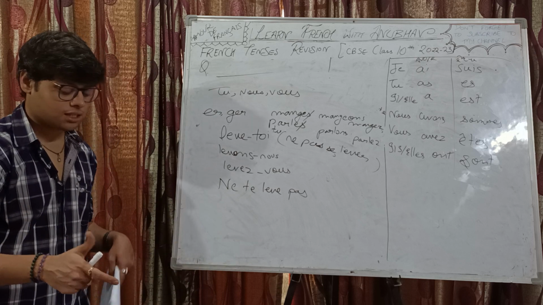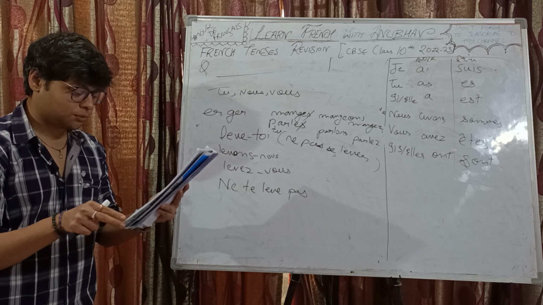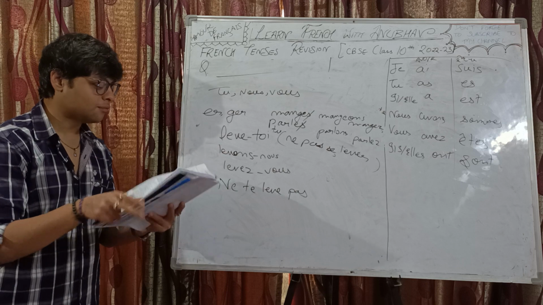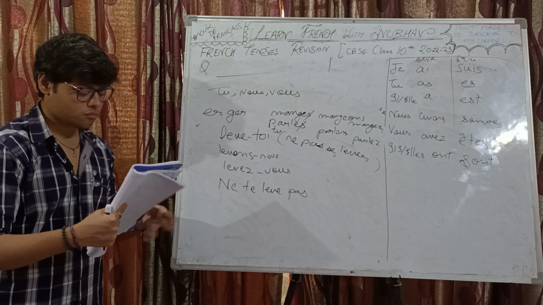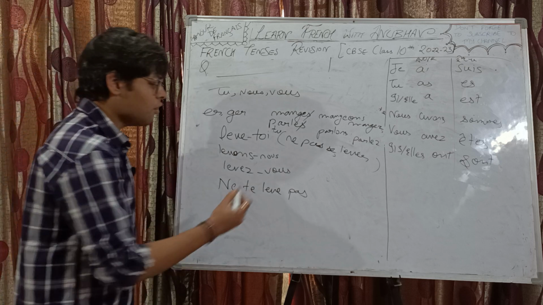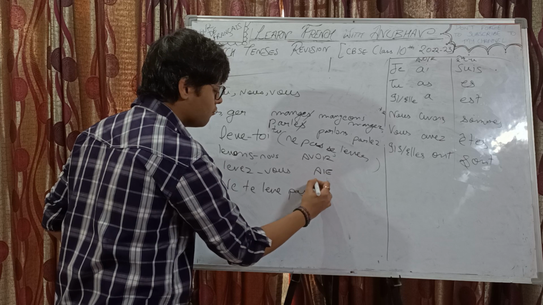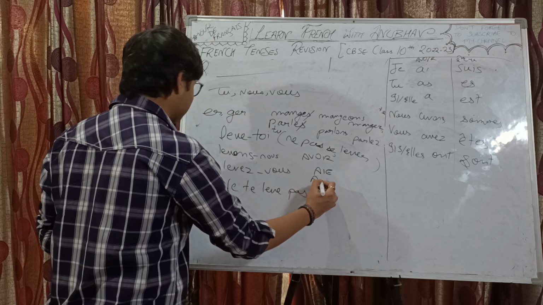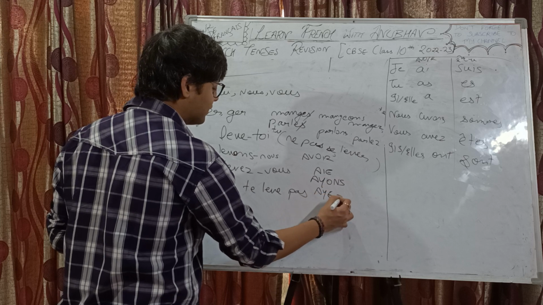Used for orders or advice. And let's quickly discuss the exceptions. Have I written the exceptions? Yes, I have written them. That's great. So for avoir, for tu it's aie, for nous it's ayons, and for vous it's ayez.